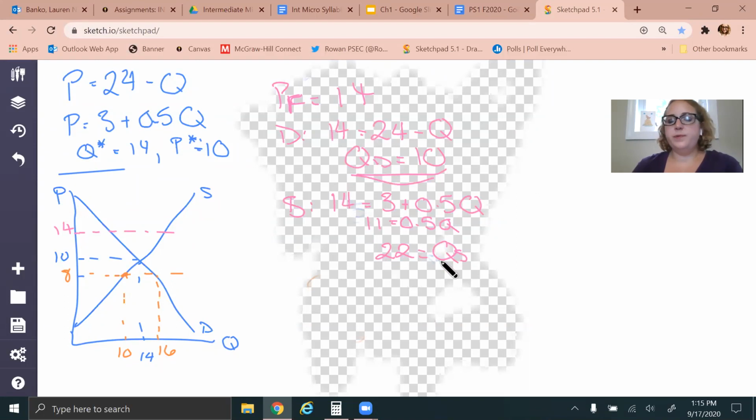So even though we're putting 22 units out on the shelf, only 10 people actually want this item. So we are going to leave 12 things on the shelf that no one wants to buy. That's known as excess supply or a surplus. So it's just QS minus QD, 22 minus 10. And that means we have a 12 unit surplus.